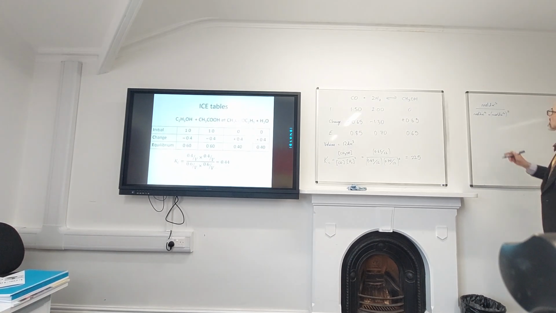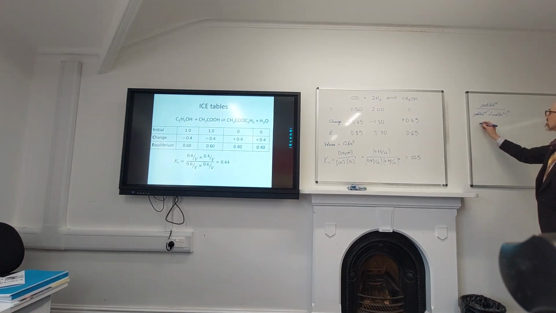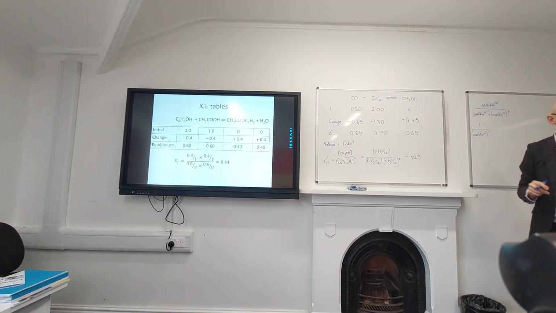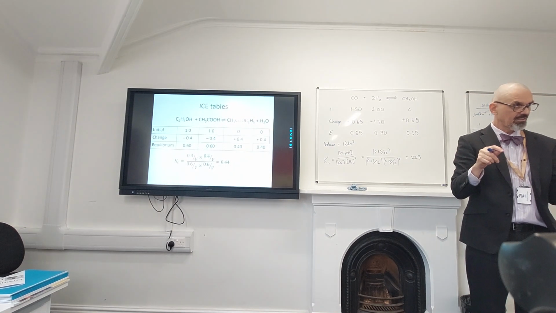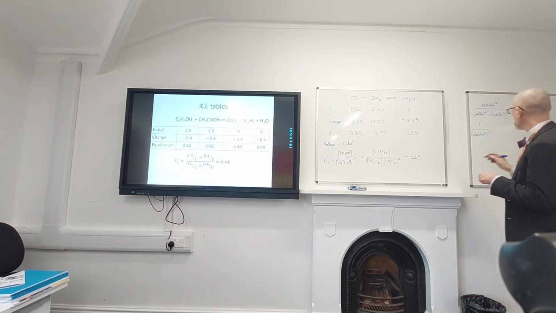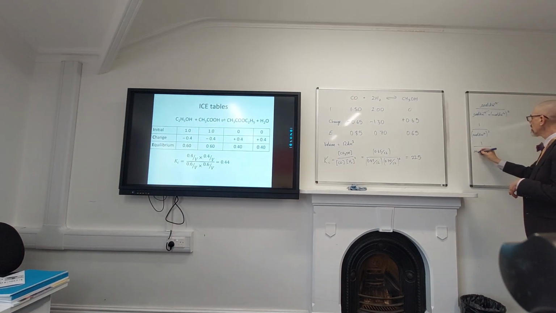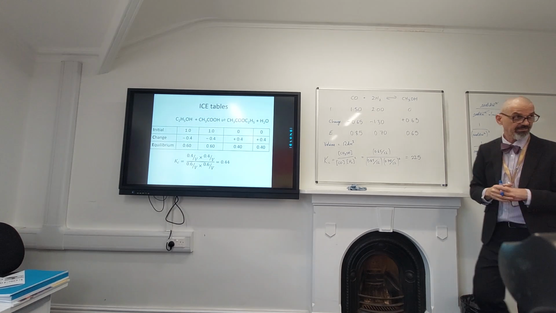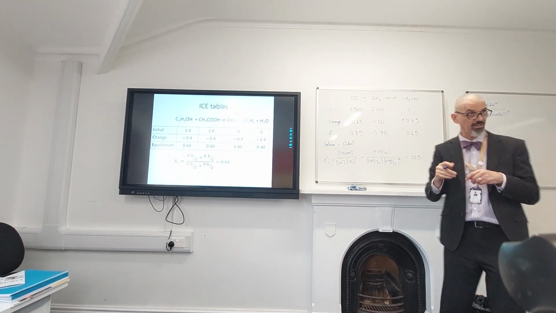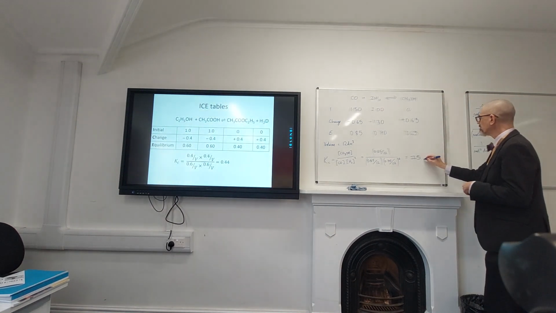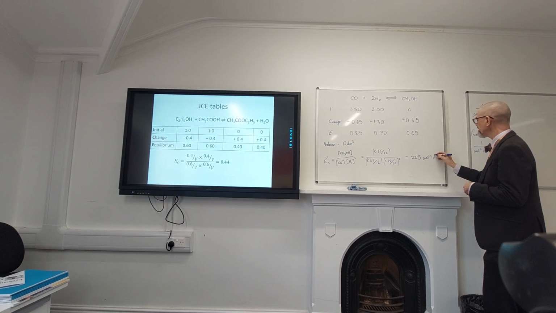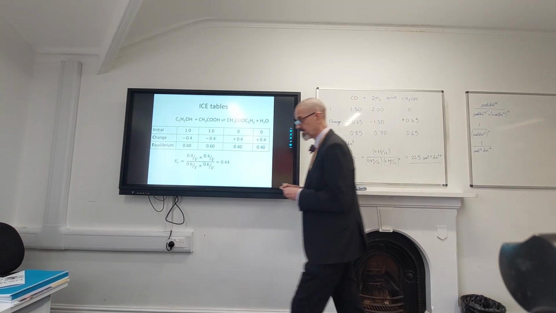Yeah, so we can cancel those for a start. So 1 over mole per dm cubed squared. If I multiply that out, 1 over moles squared dm minus 6, and then get rid of the 1 over: mole minus 2 dm plus 6. Okay.